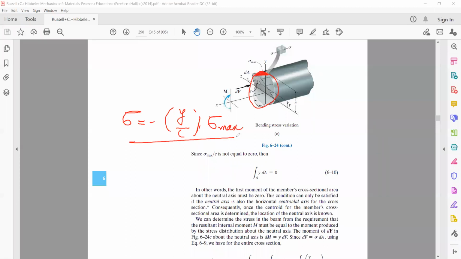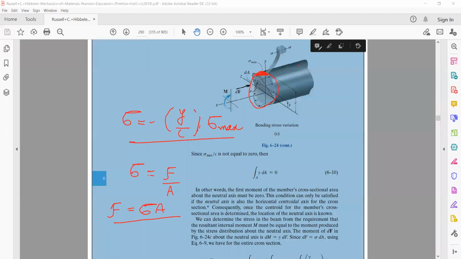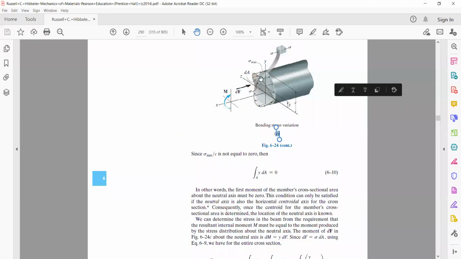When there is stress, we essentially define stress as force per unit area. This is the normal stress. And we write force is equal to stress multiplied by area. So it means on each area, there must be some force. That's what has been given here in the form of dF.